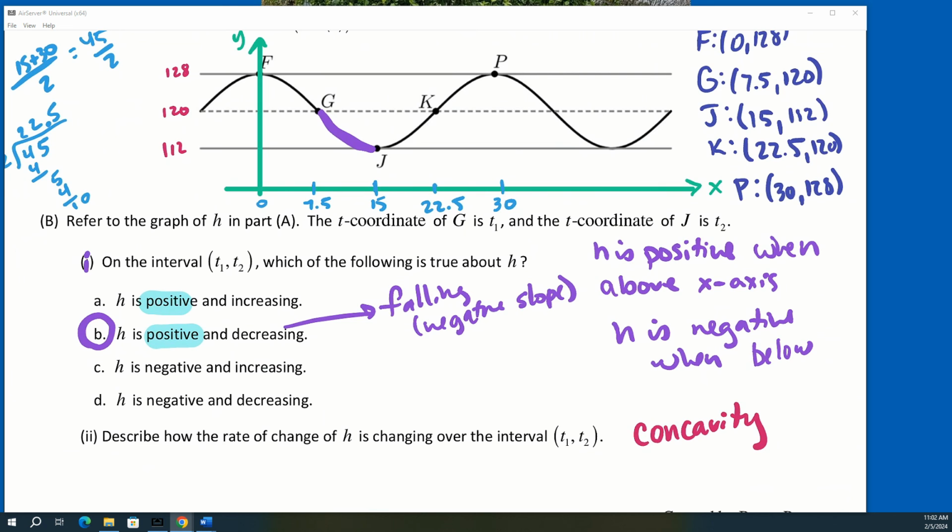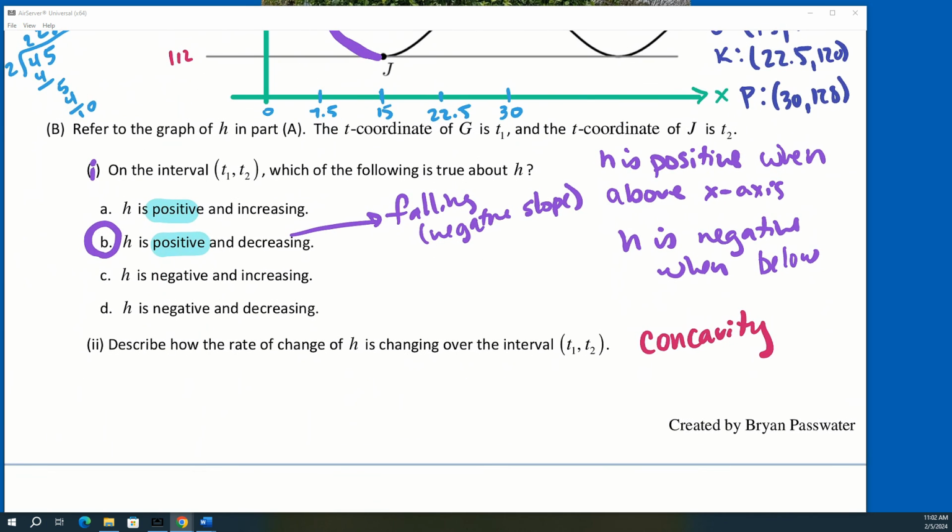Concave up is going to look like a cup. And would the rate of change be increasing or decreasing if the graph is concave up? Increasing. So we're going to say that the rate of change, I'm just going to quote the problem, you guys know I like to do that, of H is, and then you guys said increasing.